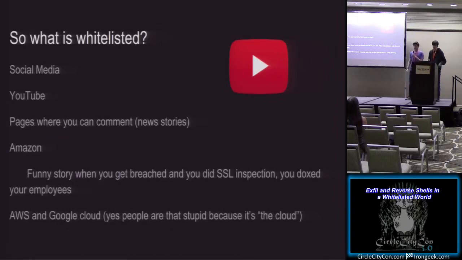You think, like, the worst that can happen is you spend a lot of time on there. And also a lot of pages that are going to be whitelisted are news stories, like Forbes, if you're trying to do research on stuff. Amazon's whitelisted a lot of times, and sometimes Amazon Web Services and Google Cloud, even though it might not be the best idea, are a lot of times whitelisted as well.